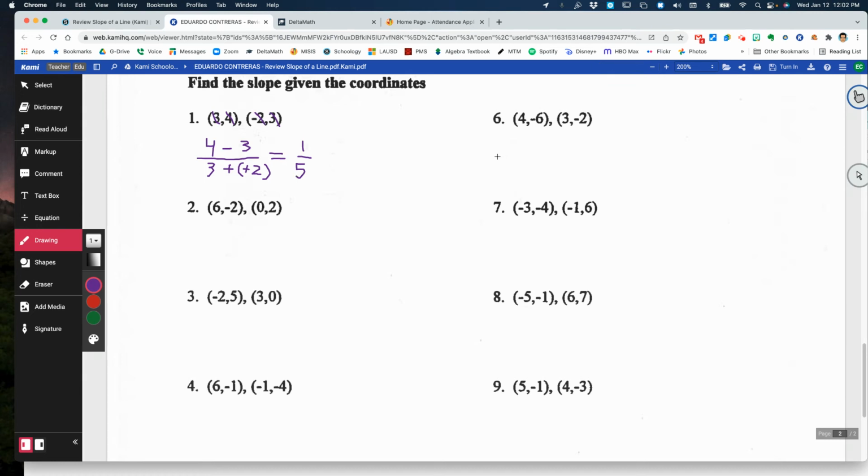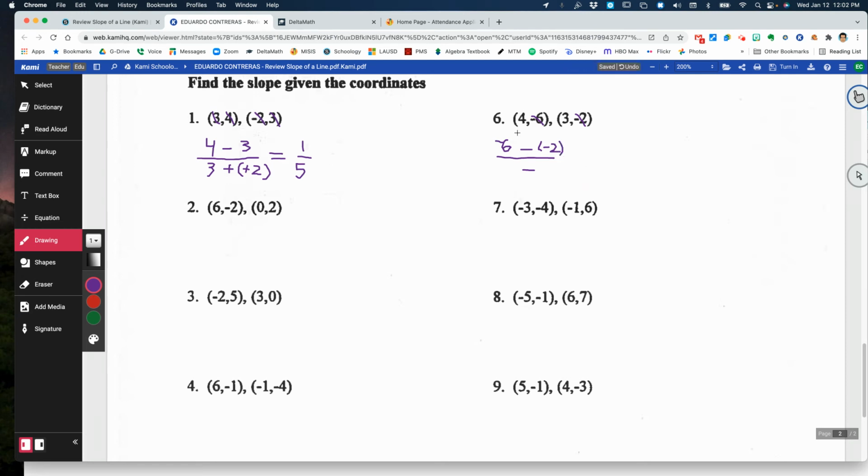So we'll do the same thing. We set up a fraction bar, and we're subtracting in both cases, in the numerator and the denominator. On the numerator, we have to take away y values. So it's going to be negative 6, which is this one, and then negative 2, which is this one. So I'm going to subtract those.